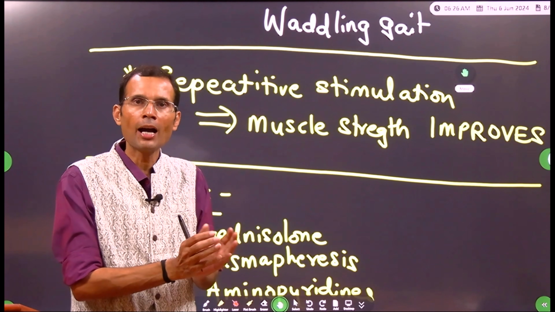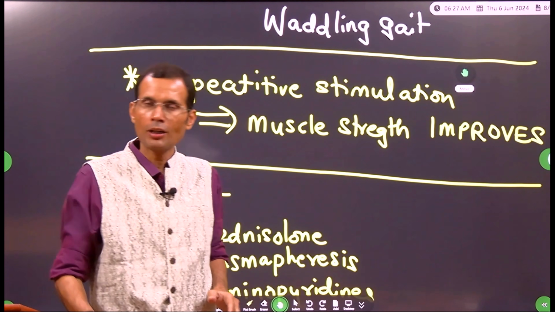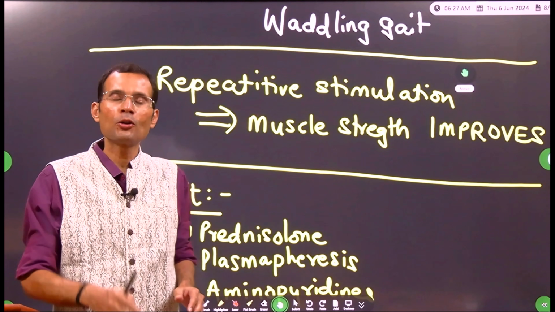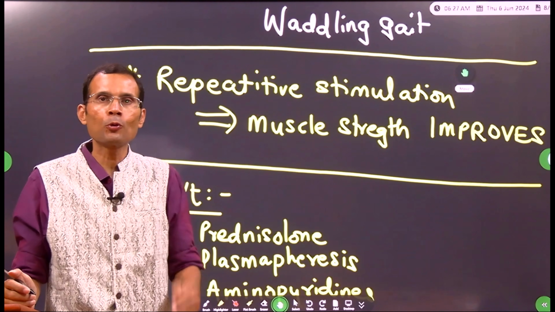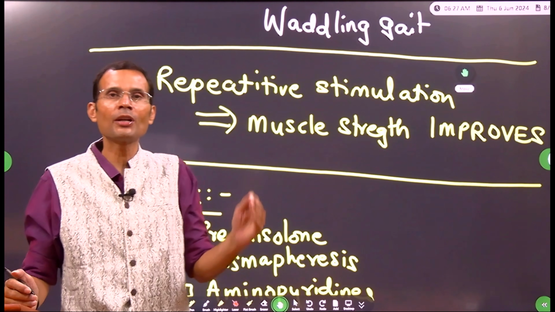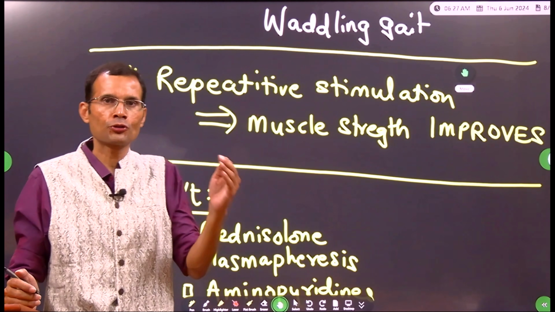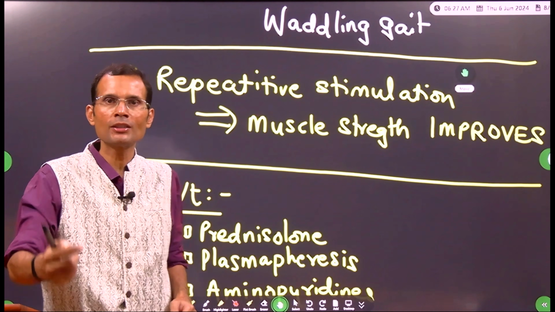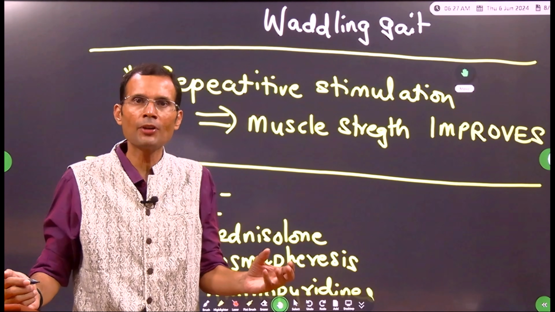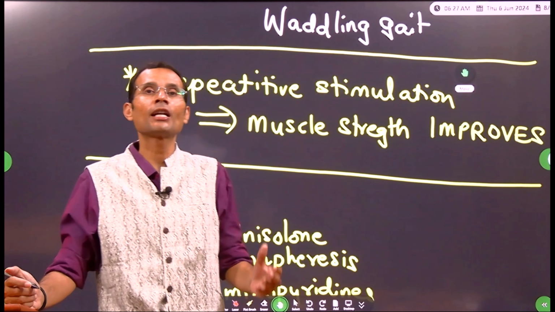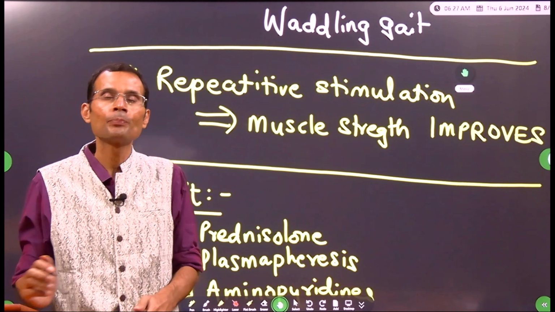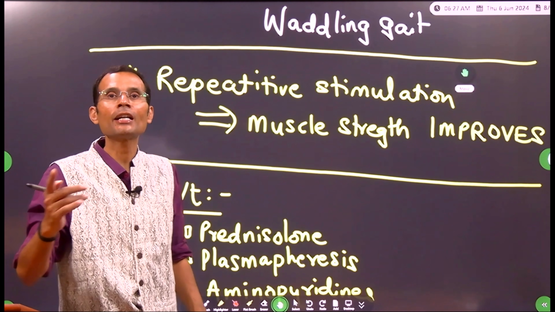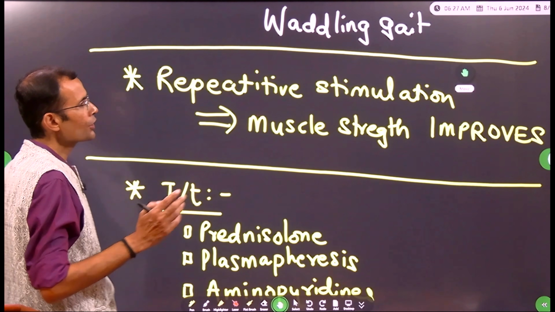So there is calcium available, and you are aware the amount of neurotransmitter released, the amount of acetylcholine released, is proportional to the amount of calcium available in the presynaptic terminal. So suddenly, after repetitive stimulation, at one stage calcium will be available in greater amount. Therefore, there will be greater release of acetylcholine and more number of fibers will contract and the muscle strength will suddenly improve. So that's a distinguishing feature.